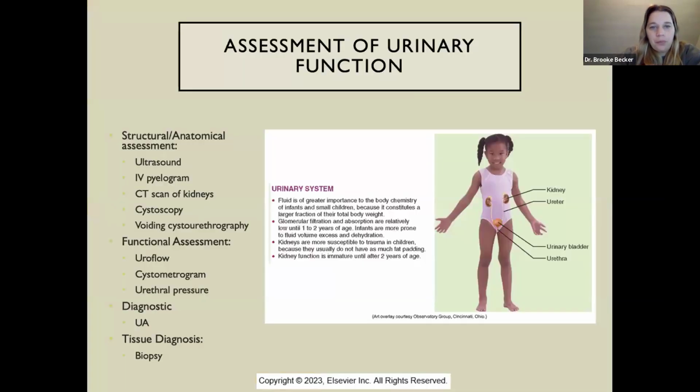Okay. As far as urinary function, you have to know what's all involved. So obviously your kidneys, your ureters, your bladder, and your urethra are all involved in the urinary function, okay?